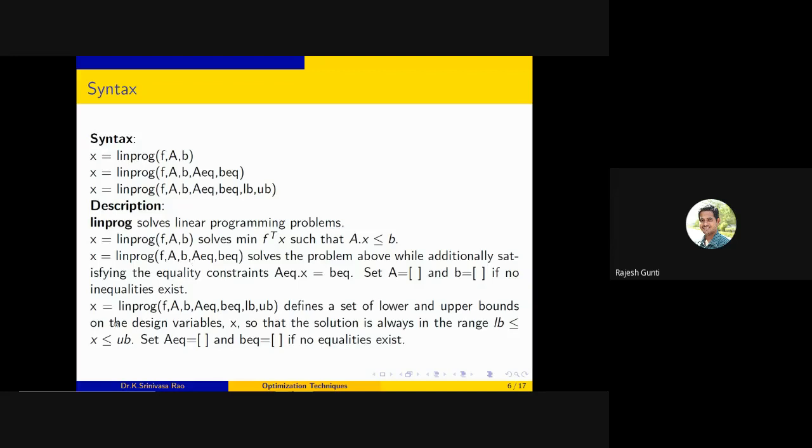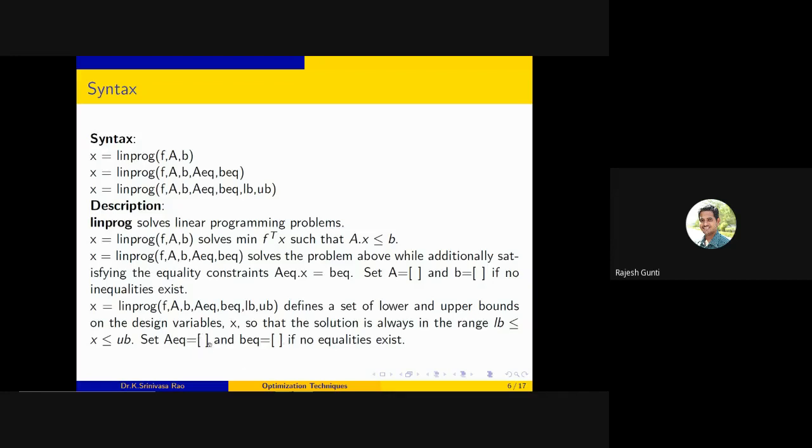So this one is linprog f, a, b, a equalities, b equalities, lower bound, upper bound, which defines a set of lower and upper bounds on the design variables x, so that the solution is always in the range between lower bound and upper bound. If there is no equality constraint, we set it empty.